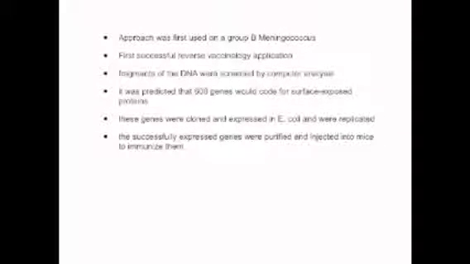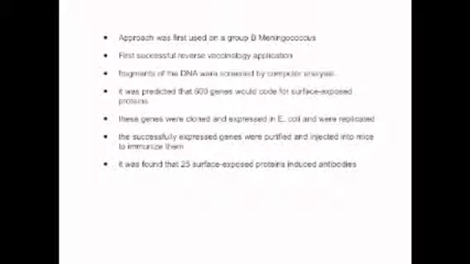This approach was first used on group B meningococcus and was one of the first successful reverse vaccinology applications. Fragments of the DNA were screened by computer analysis. It was predicted that 600 genes would code for surface-exposed proteins.